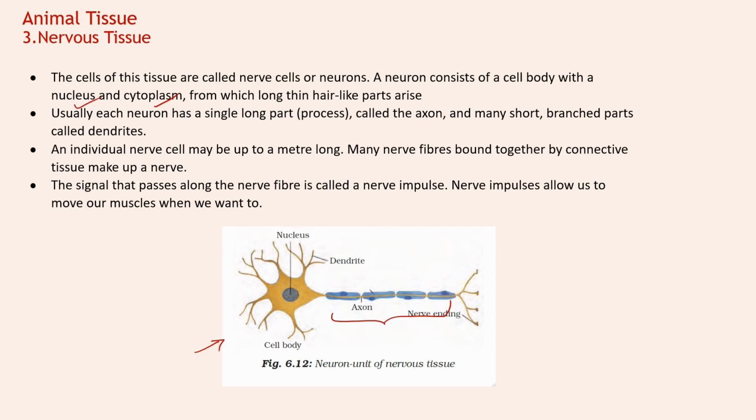Now at the end of the axon, very small thin branch-like parts arise. Generally these cells are long, up to a meter long. Many nerve fibers are brought together by connective tissue and make up a nerve. This nervous tissue's function is to carry and send signals.